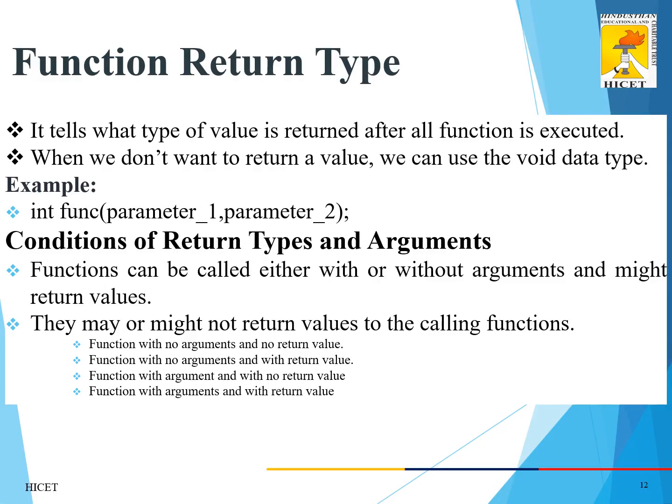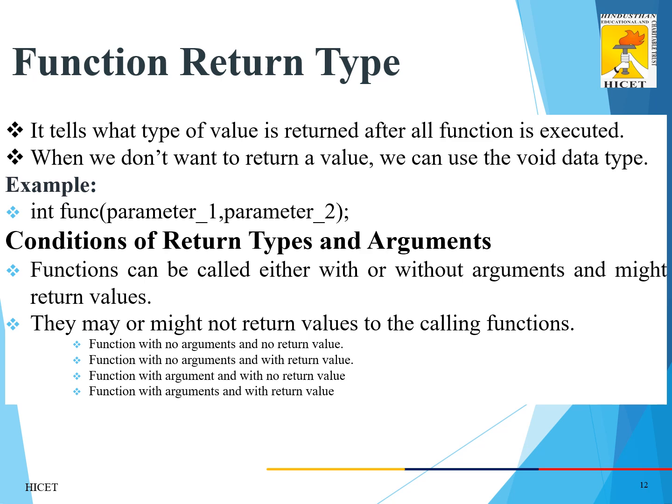Okay, next slide is function return type. A function does its job and often returns a result. The return type tells us what kind of value it will send back. If the function is supposed to give an integer, we use int as the return type. If it returns nothing, we use void.